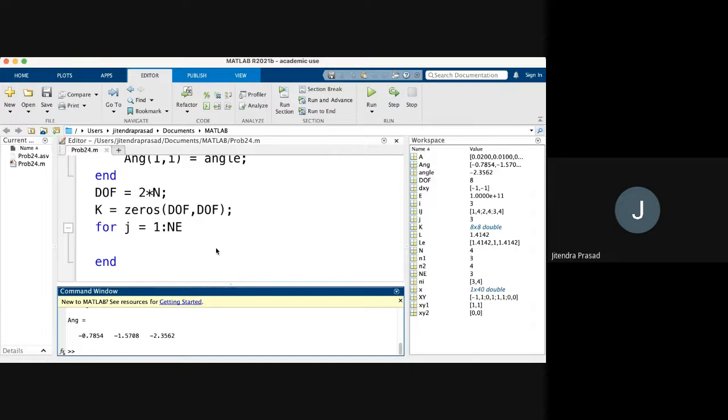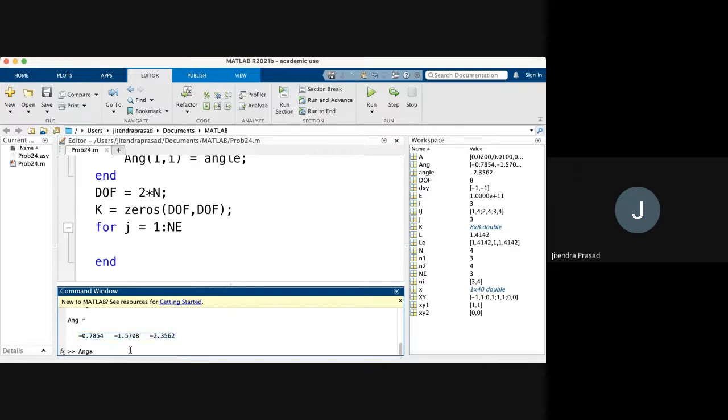Minus, because the way we are calculating the angle right now, it is coming from top to bottom. So all of them have negative values. You can also calculate ang multiplied by the number of degrees, because this gives you the answer in radians.